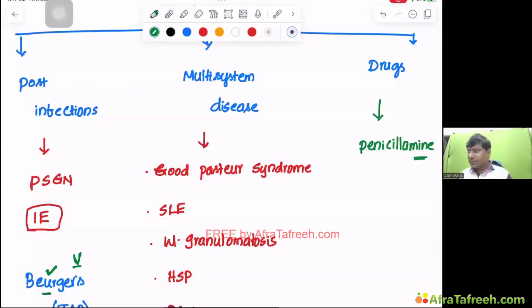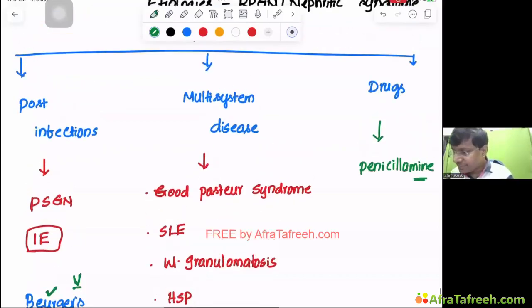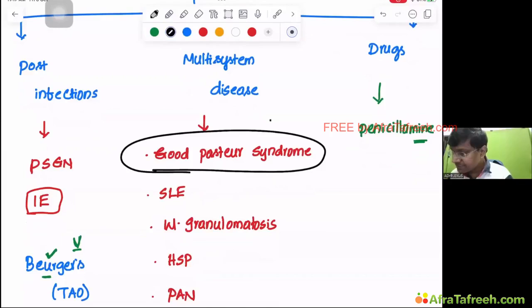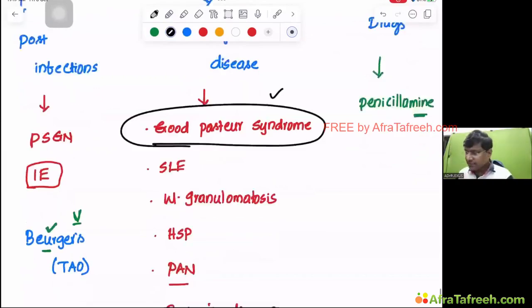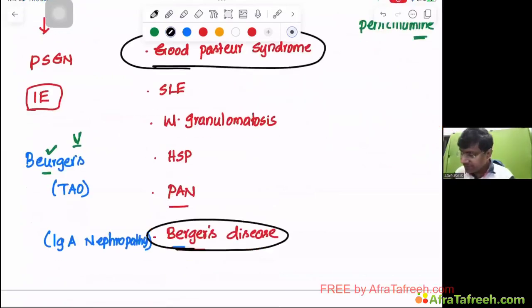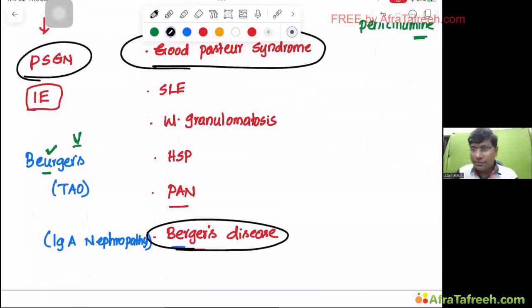Okay. Now let us take up the discussion of the first, that is Goodpasture syndrome. Then I'll be discussing Buerger's. Then I'll be discussing post-streptococcal glomerulonephritis. Okay. Now we were having a doubt, that is, does PSGN cause nephrotic syndrome?